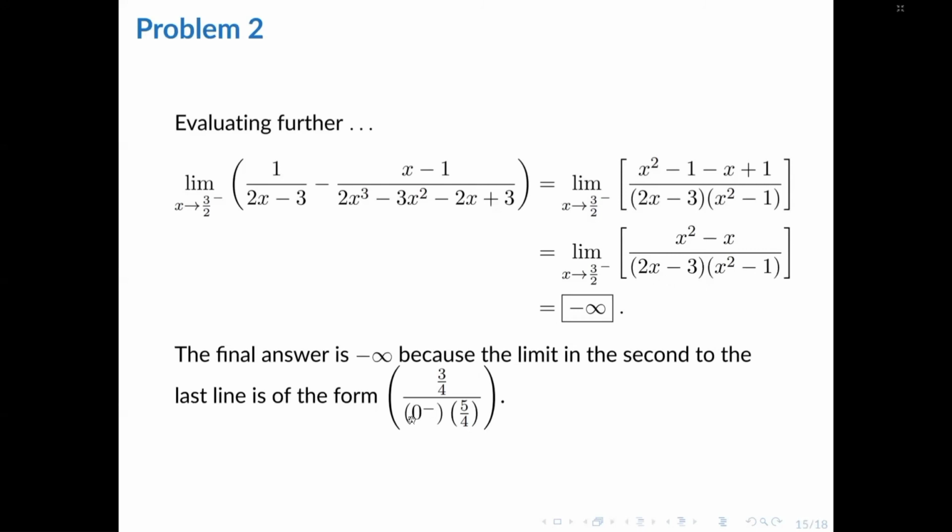So since the denominator 0 is being approached from the left or the negative numbers, the final answer is negative infinity. So you can try using negative values in place of this 0 from the left. If you try multiple values, you will notice that the limit would approach negative infinity.